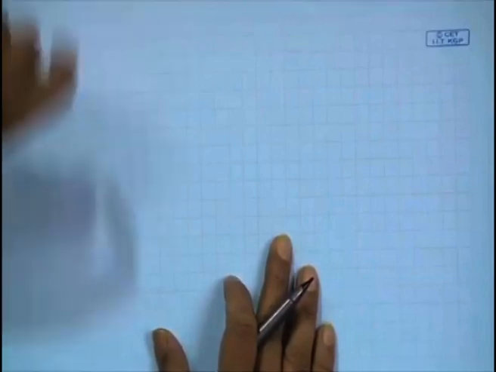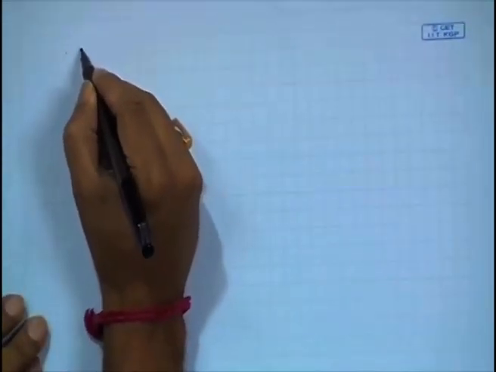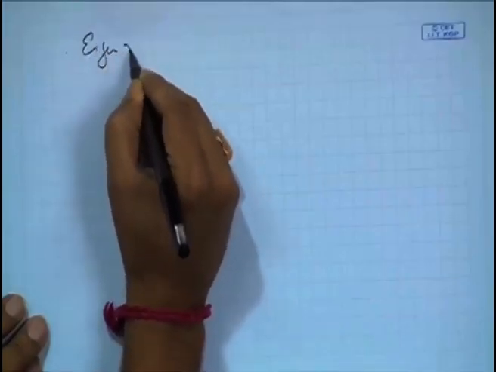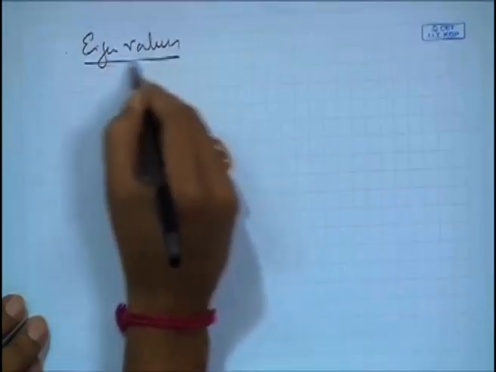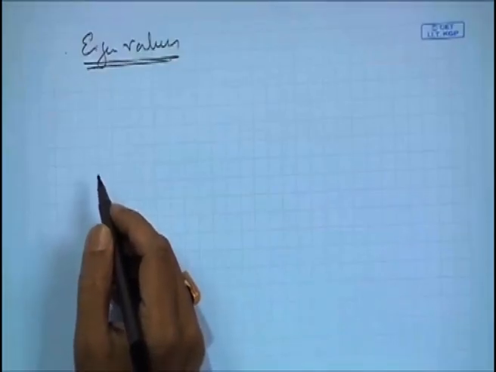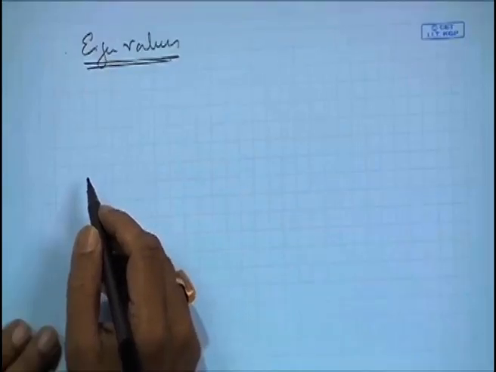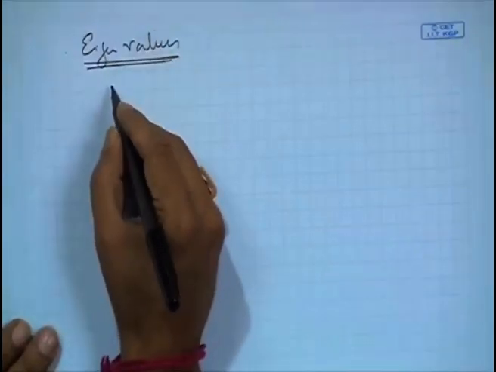Once we have studied determinant, we can go on, and what we can see is that there is something called the eigenvalues. These are very, very important. An eigenvalue is a very special value, and we'll come back to determinants again.